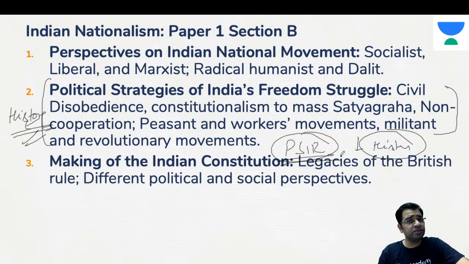Making of the Indian Constitution, legacies of British rule, all those British India Acts which you are already doing over there, or if you do them here, they will not be required over there. So the idea is to minimize your efforts. I am saying again and again, PSIR has so much overlapping with the syllabus. If you do PSIR thoroughly, 40% of your GS will be covered automatically without any hassle.